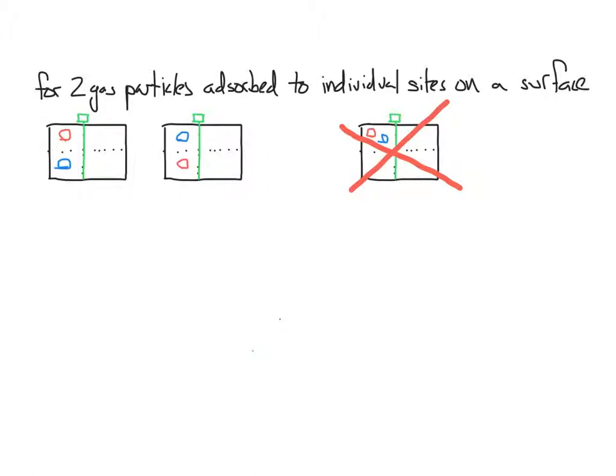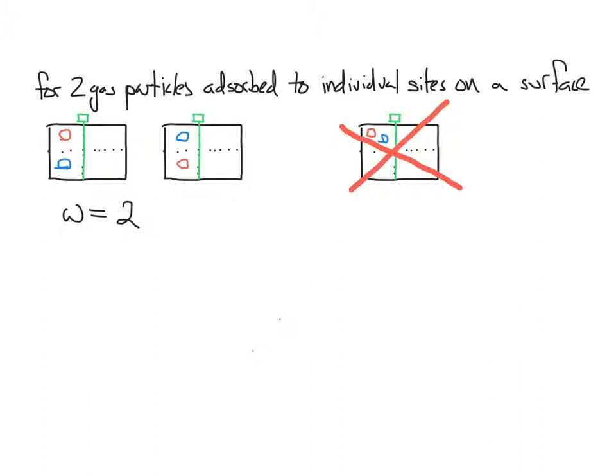Let's calculate the value of W. To calculate W, we should think about populating the surface in a stepwise process. First, let's place the red particle. The red particle, if it was placed first, has two different surface sites, or two different cells it could occupy.